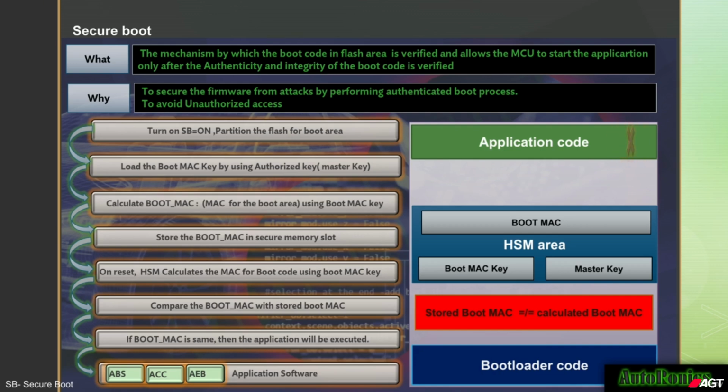By this, no harm will be done to the application code, where the actual functionality of the application runs. Let's say, for example, the ABS application code will be placed there. If the hackers can get the application code, it's easy for them to apply the brakes anywhere at any time. So secure boot is protecting us from all these kinds of attacks.